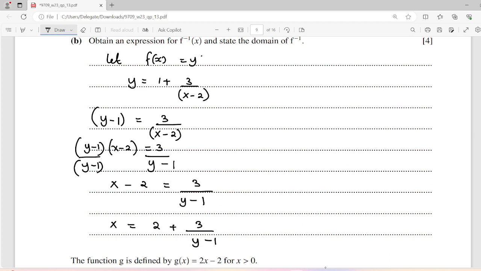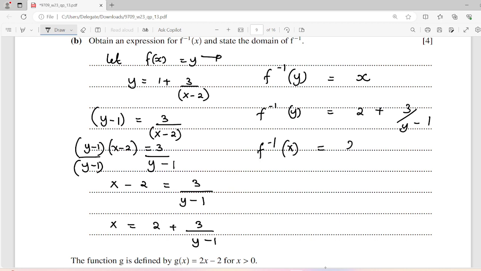And from this kind of expression, f inverse of y is equal to x, and the x is 2 plus 3 over y minus 1. So meaning f inverse of x is, wherever there is y, I'll put x.